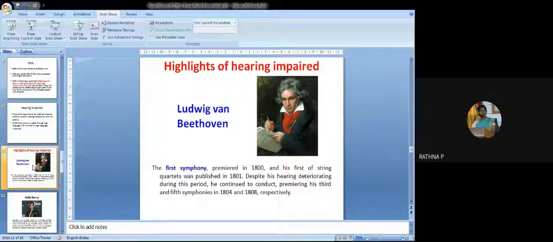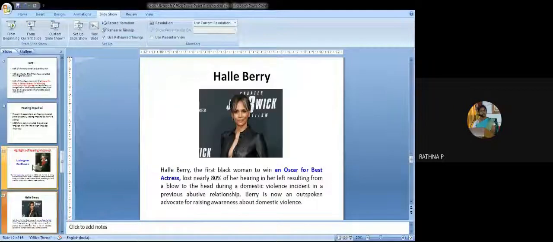Ludwig van Beethoven. We cannot cross over this person, because we see all the laptops with Beethoven's music. So he is also a disabled person, that we have to understand. And Halle Berry is the first Black woman to win an Oscar for Best Actress.